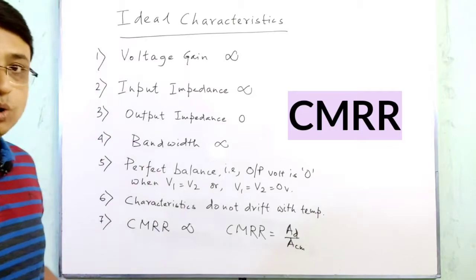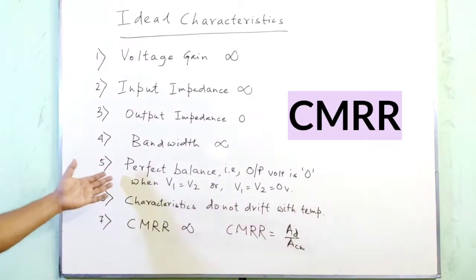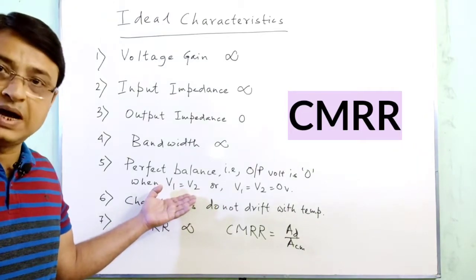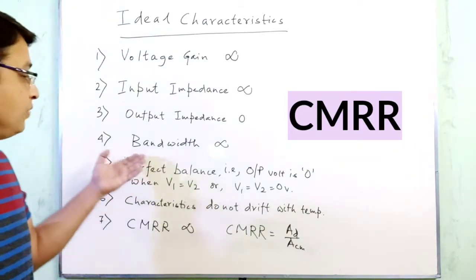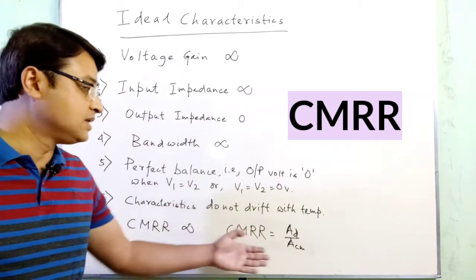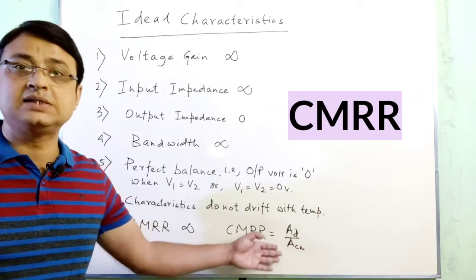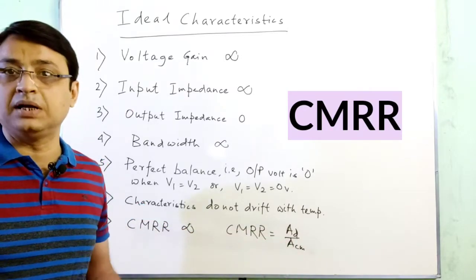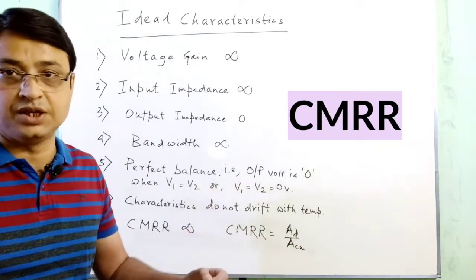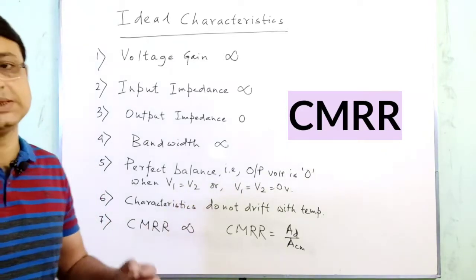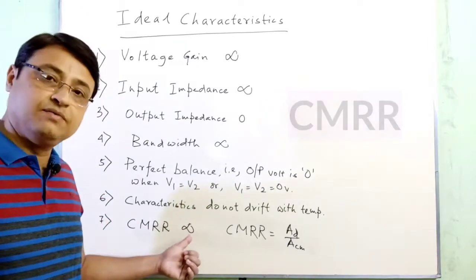Now as we know from the fifth point, whenever equal voltages are applied, the output voltage will be 0. That means for equal voltages applied, or the common voltages applied at the input terminals, ACM should be 0. So for an ideal op-amp, the value of the CMRR will be infinity.